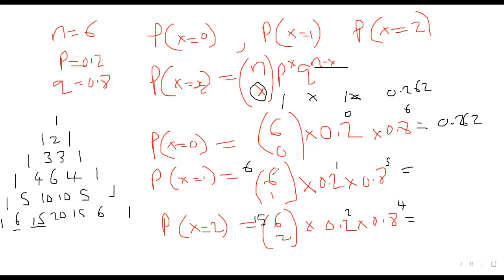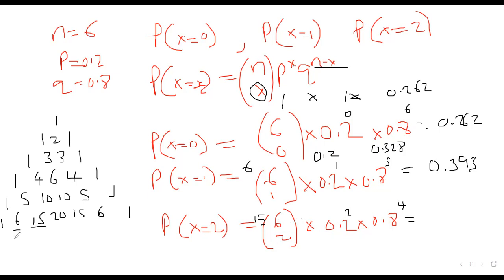And 6 combination 1 is 6. 0.2 to the power 1 is 0.2. 0.8 to the power 5 is 0.328. So we multiply all these, we're going to get our final answer, 0.393.